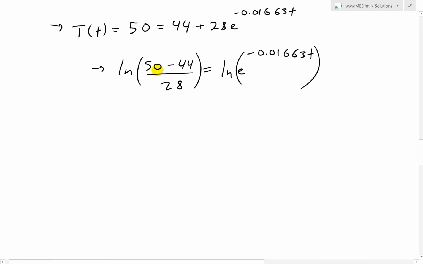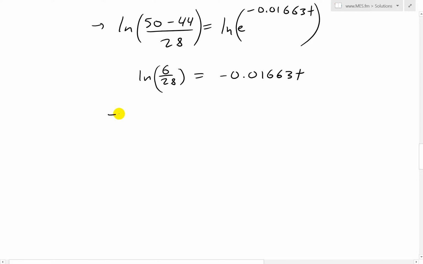So what we get is, 50 minus 44, that's just 6, so we get ln of 6 over 28. We could simplify or just leave it like that. My calculus book just leaves it. And this goes down, so negative 0.01663 t.